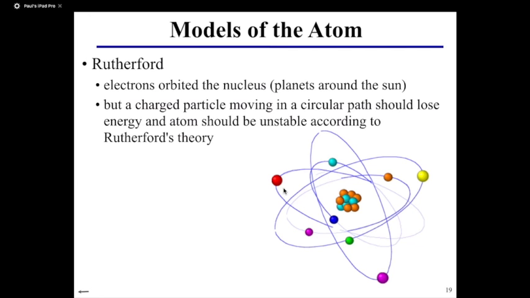Because we understand orbits around a mass, and every time you orbit something, you actually lose a little bit of energy. And so over time, if you lose little bits of energy, the orbits will decay, and if it decays, then all matter will be nothing, and that doesn't happen. And so his idea, although he found the volume was mainly empty and the nucleus was, excuse me, very tiny, he didn't have a great idea where the electrons were.